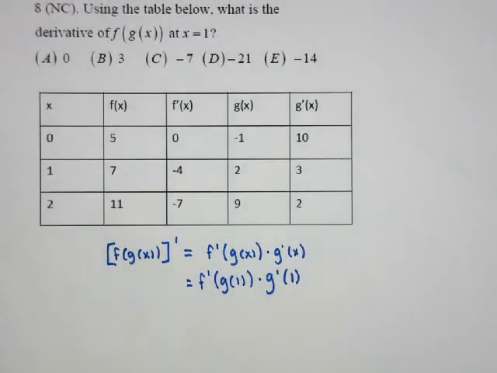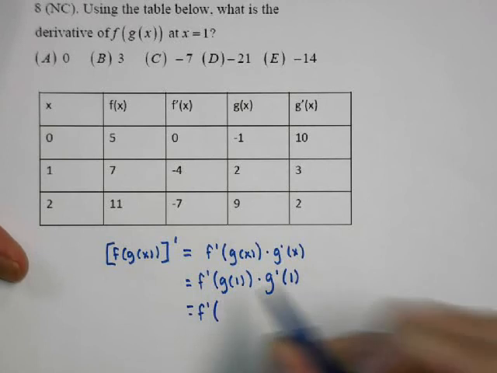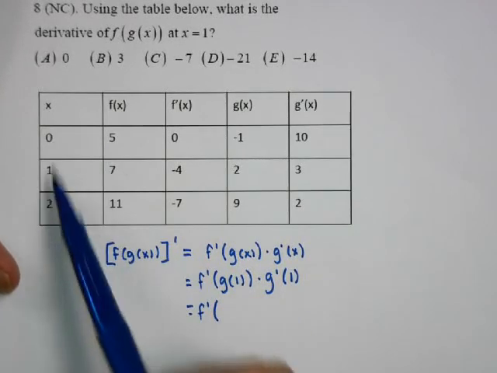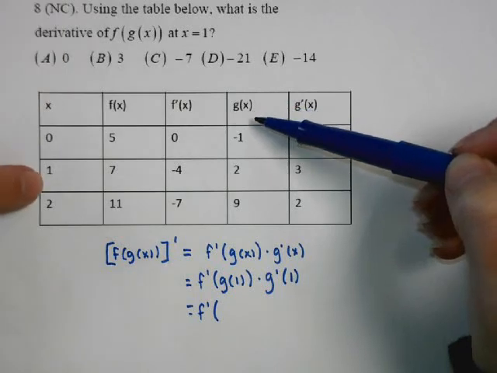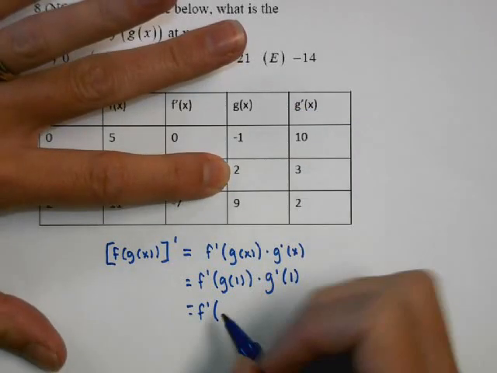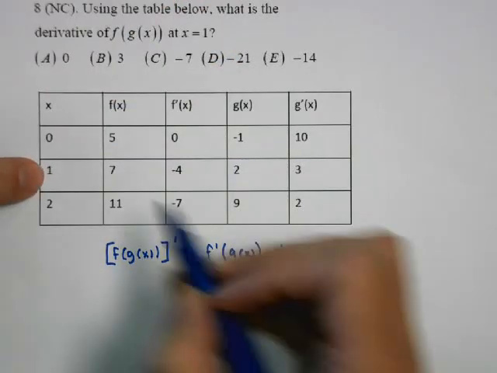Now we just start using the table to evaluate these different parts. They give us a lot of information, most of which we're not going to use. So we're going to have f prime g of 1. So we have our x values and we have different functions here. So here's g. G of 1 is going to be 2. Here's 1.